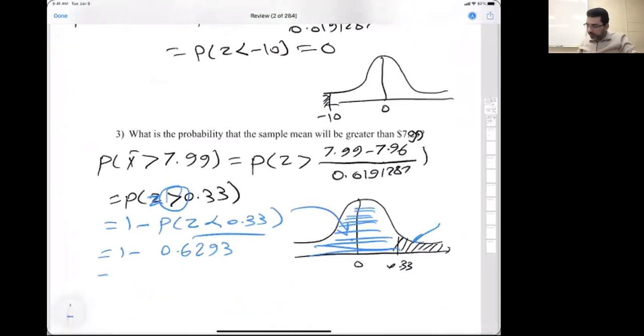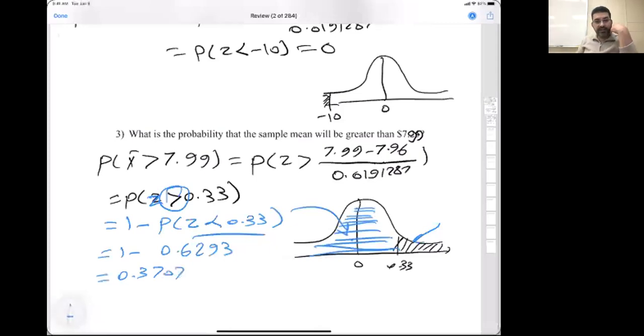Now subtract it from 1, so you have the area to the right of 0.33. Let me just do it quickly on my calculator. It's 1 minus 0.6293, so it's 0.3707.